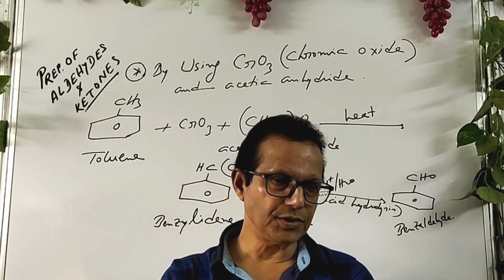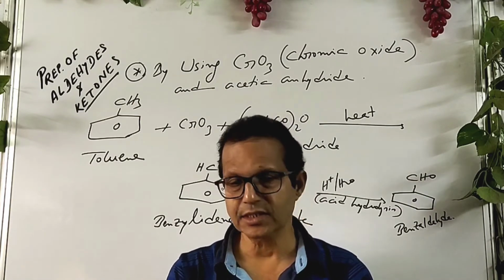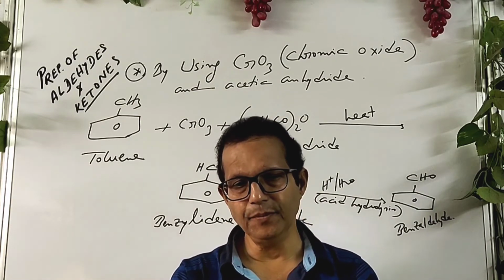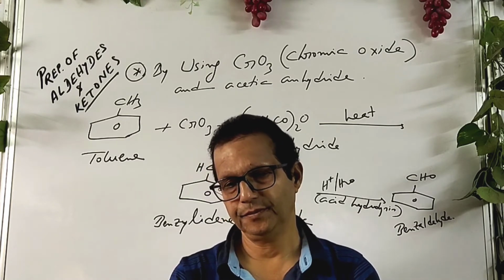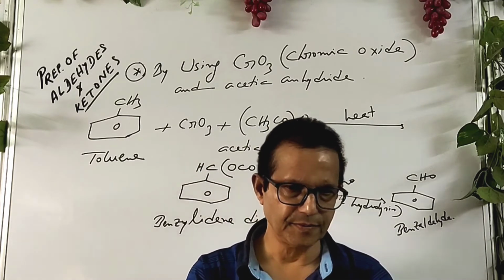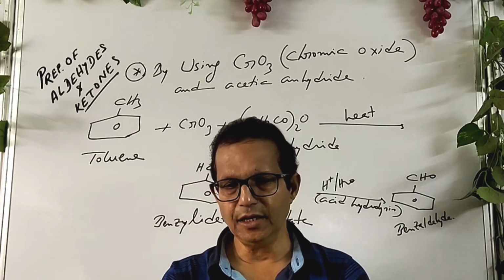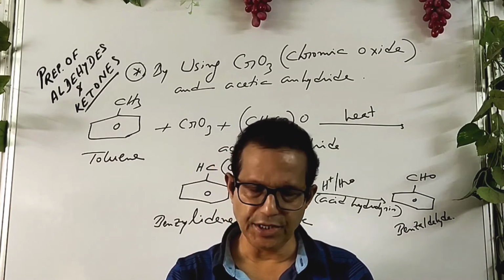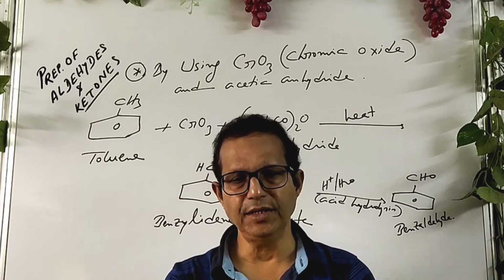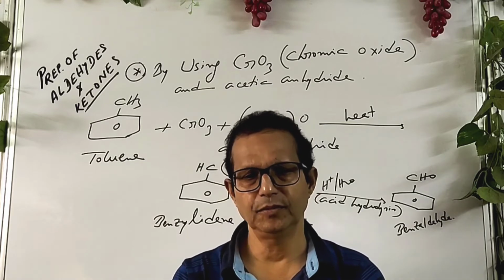If you use insufficient sunlight, dim, diffused sunlight, then only one hydrogen atom is replaced by chlorine atom.